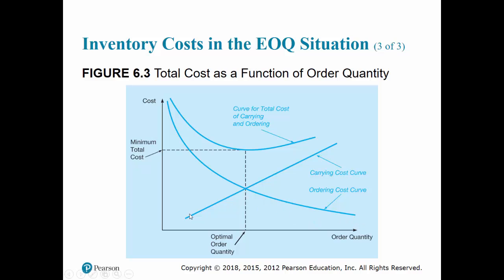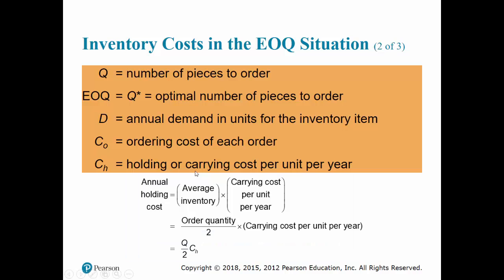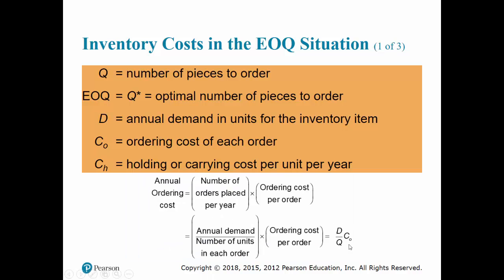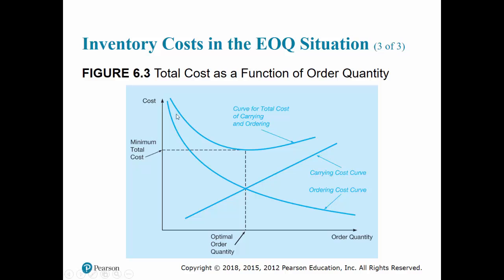So we are not trying to minimize this cost or that cost by itself, but actually the sum of these two costs. If you plot the total, that plus that, this is what the curve will look like.